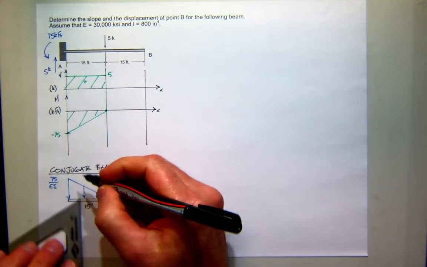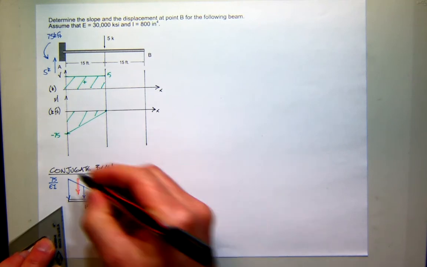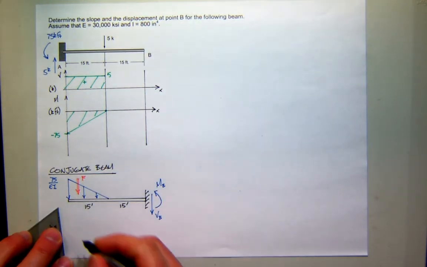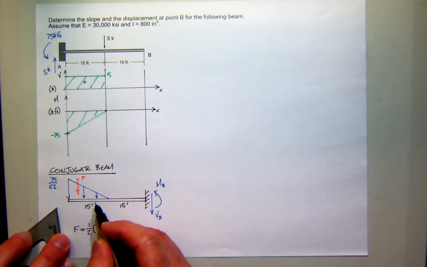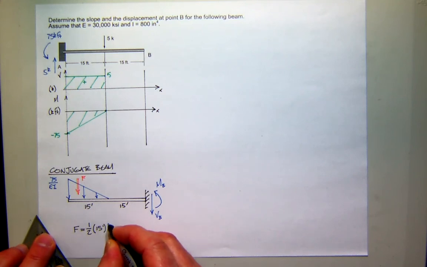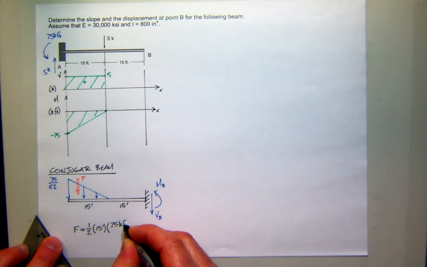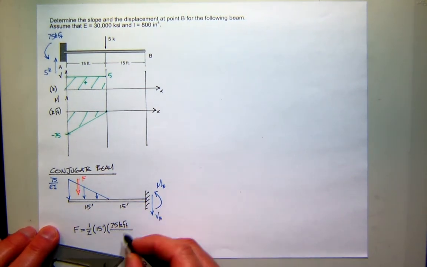I can come back and get my concentrated equivalent force. There's not much room there, so I'll just call it F. Then I'll come down here and write that F is what? Well, it's a triangle, so it should be 1/2 the base, and the base is 15, and then the height, which is 75 kip feet, divided by EI.